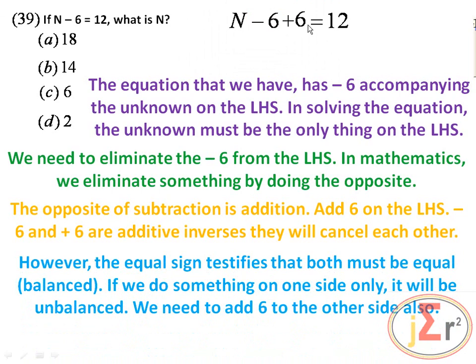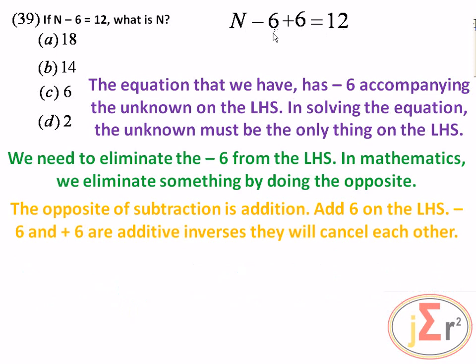So where we see this equal sign, the left-hand side has to be equal all the time to the right-hand side. Therefore, in the beginning, we did not have a plus 6 here, but we added 6 here in order to eliminate this negative 6, because they are opposite, so they will have a cancelling effect on each other.